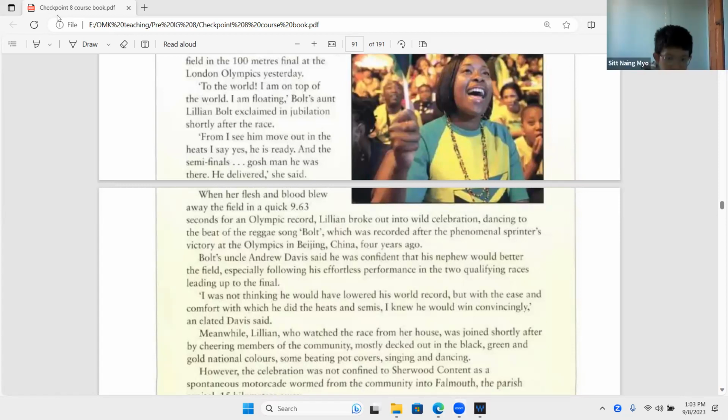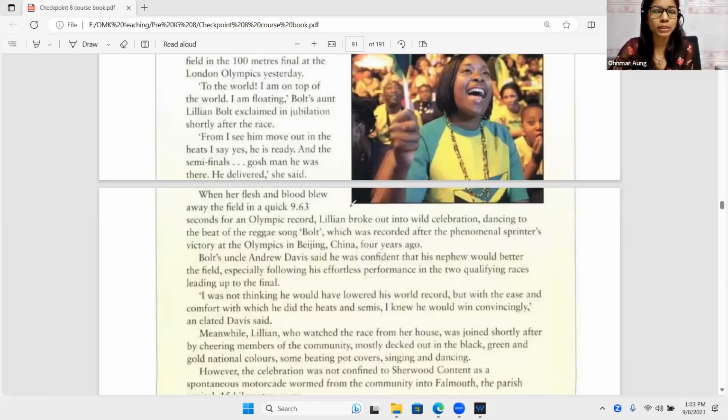From I see him move out in the heat, I say yes, he is ready. And in the semi-finals, gosh man, he was there. He delivered, she said. Next one.